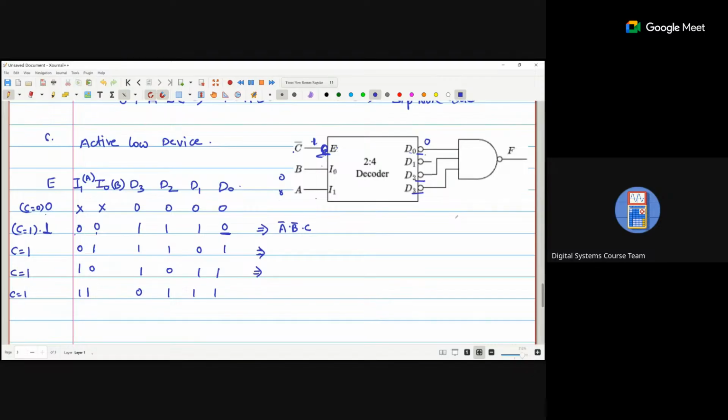D2 is A is 1, B is 0, so A, B bar and C. And for D3, A is 1, B is 1 and C is also 1. Okay, and all three are connected with the main pin.